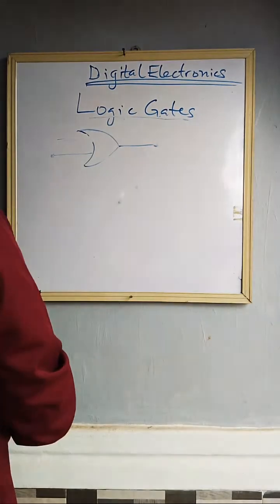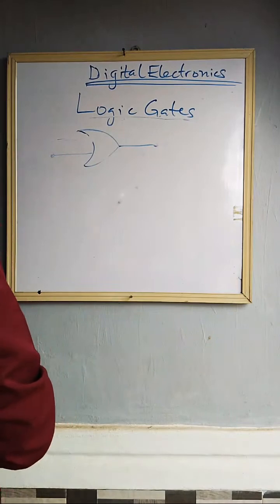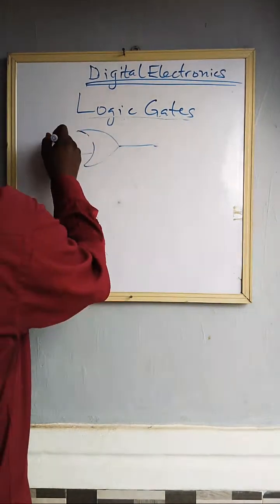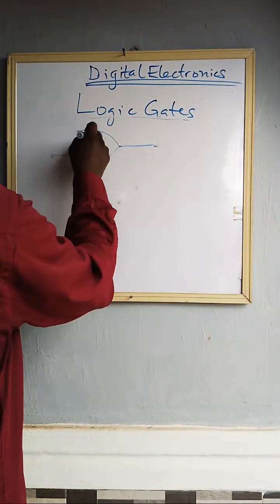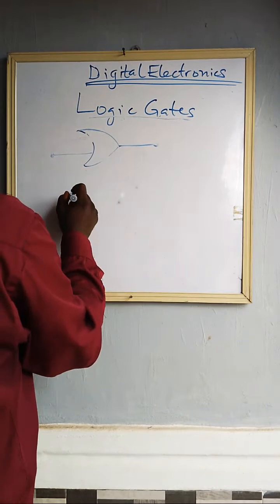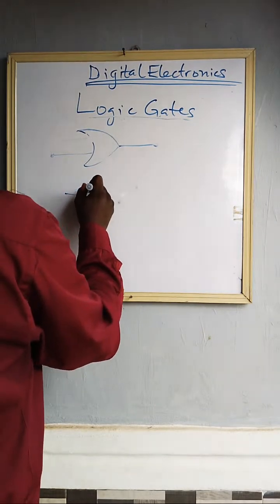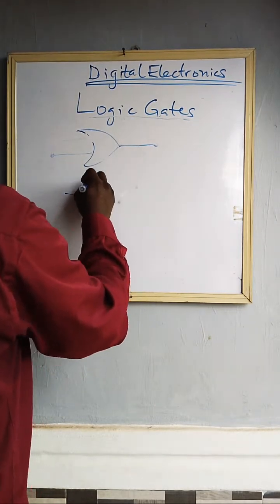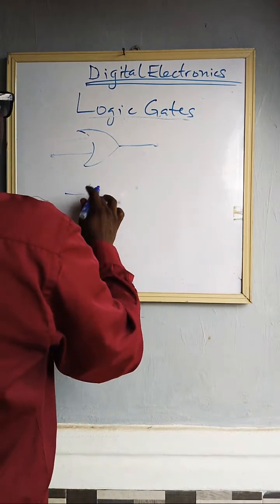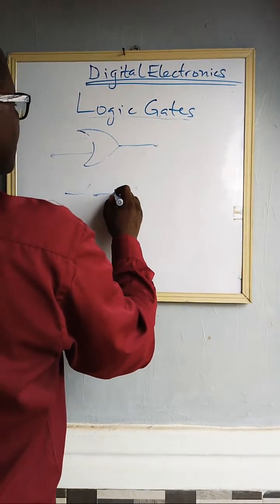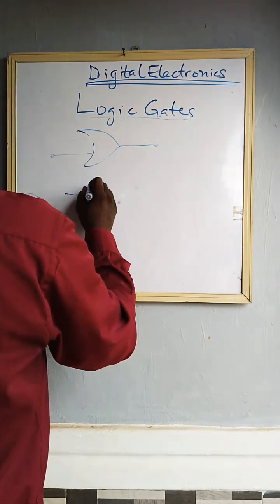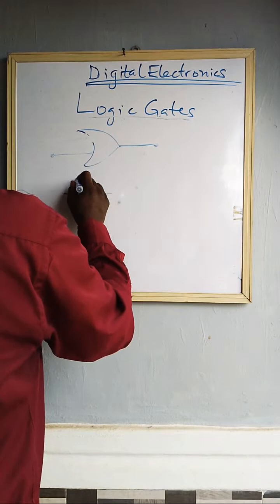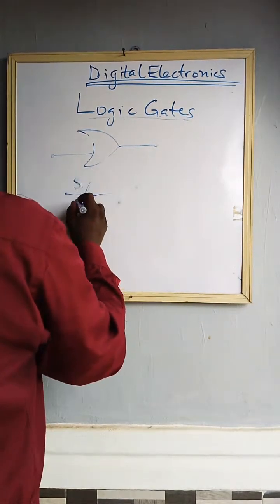All right. This is the OR gate. I want to represent it with a circuit. We have a switch here, S1.